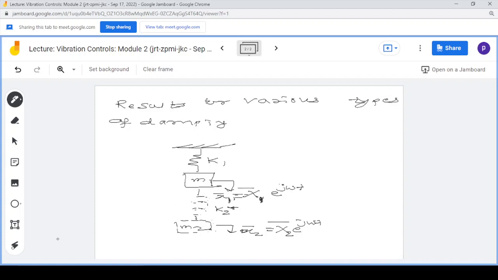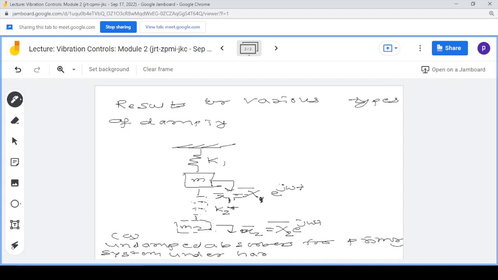So this is an undamped absorber, figure A, undamped absorber for primary system under harmonic force excitation.